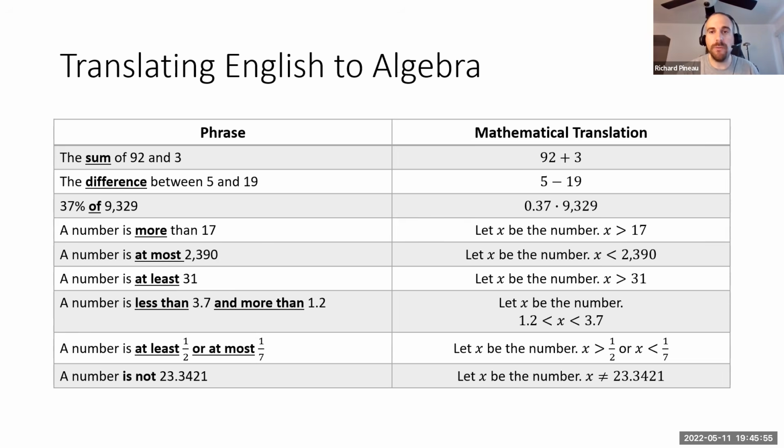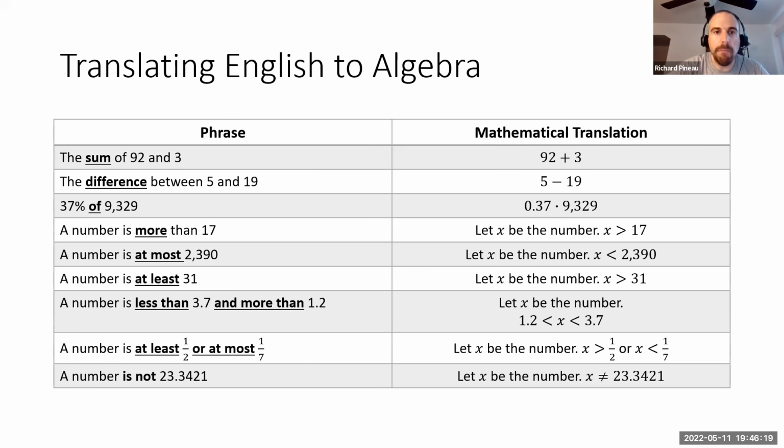A number is more than 17. Let's let the number be X, because I don't know what it is. It could be Y, could be Z, whatever variable you want. In this case, we'll use X. So a number is more than 17 means X is greater than 17.